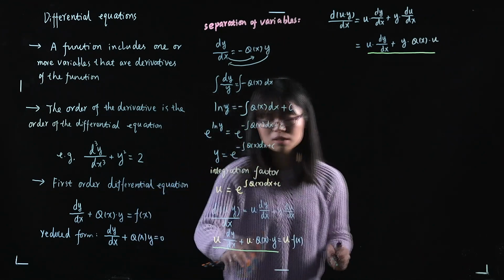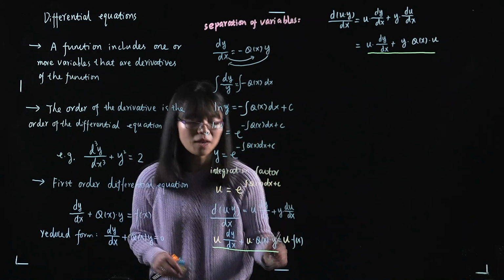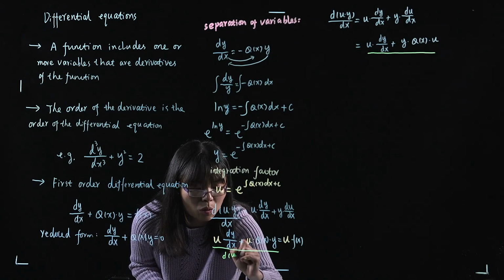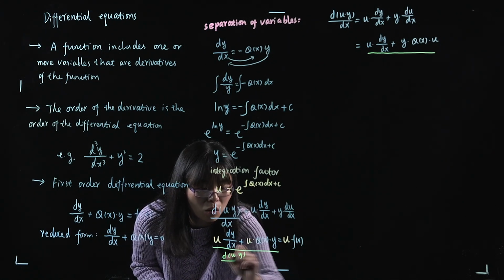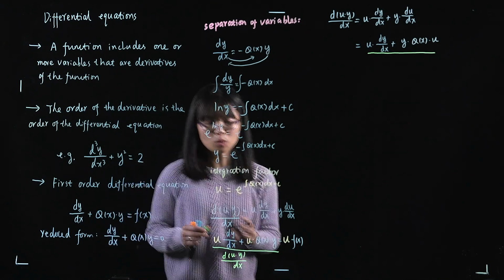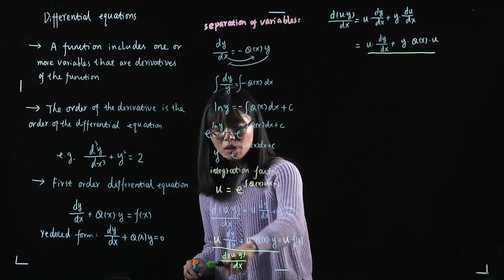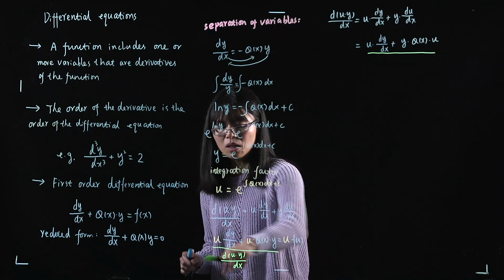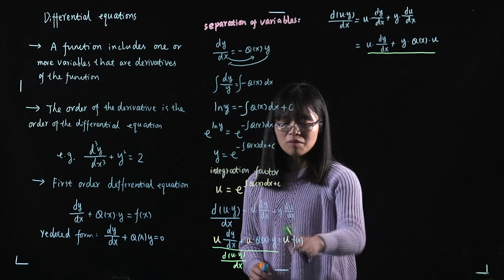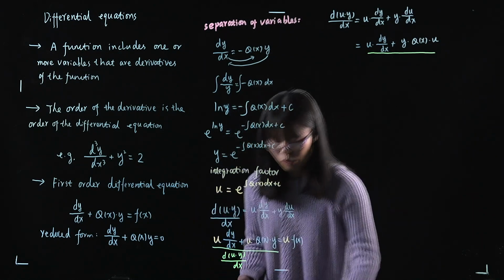In other words, the left-hand side of the equation after multiplying the integration factor is equal to d(uy)/dx. Why is this important? If we have the derivative of u times y over dx on the left-hand side and u times f(x) on the other side, it makes the integration so much easier.